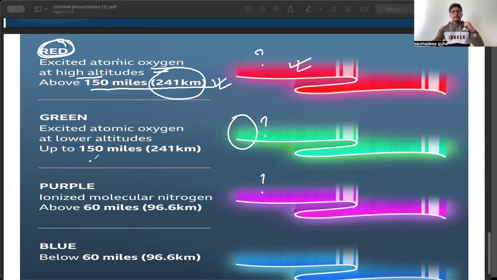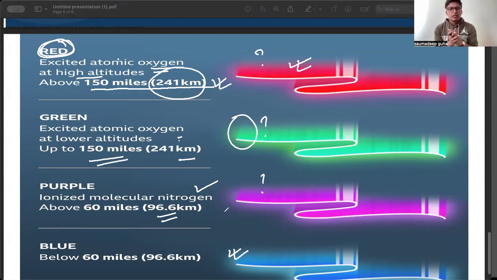Green is up to 241 kilometers, that means below 241 kilometers we can see green. When it is reacting with nitrogen at this height or above, we get the pinkish kind of color, and finally we get the blue over here.